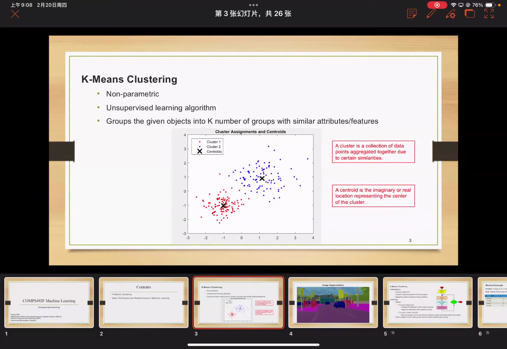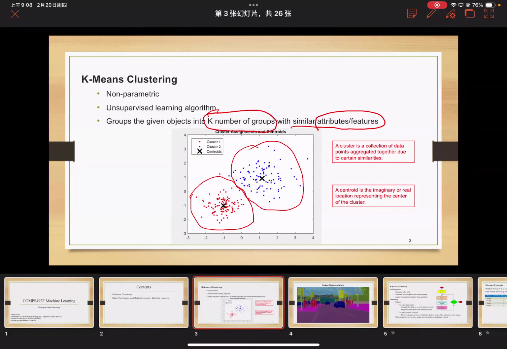The main objective of it is to put the data into k number of groups which have similar attributes or features. So this is what k-means is doing. Here's an example. We have some blue points and red points representing different data, and with k-means, we can cluster them into 2 groups of data like this.